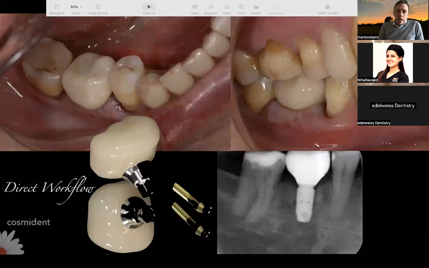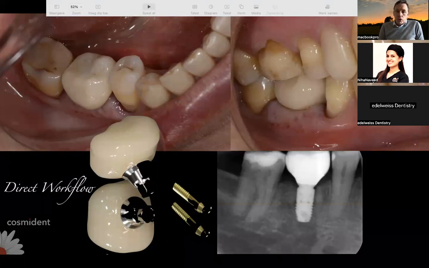If you don't check the occlusion every 6 months, by grinding down his own teeth, like you see here, he gets over-occlusion of the implant. Then he will either have over-occlusion causing peri-implantitis, or he will break the screw in the implant, or break the implant crown.